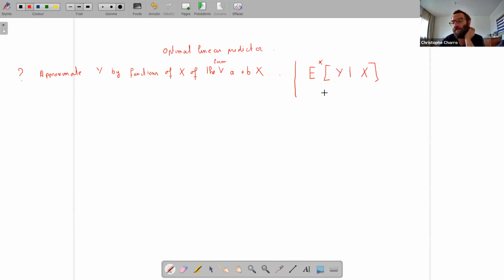But it will in general be less precise than the conditional expectation, because for the conditional expectation, you approximate by all the mappings depending on X. Here, very particular mappings that are affine ones, okay? Affine.